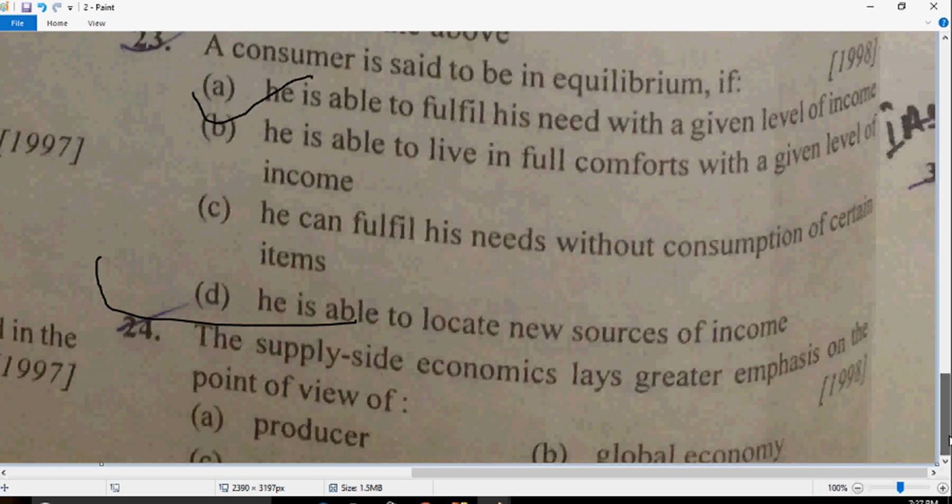Now the last question of this chapter: supply side economics lays a greater emphasis on the point of view. Supply side economics argues that economic growth can be most effectively generated by lowering barriers to produce goods and services.